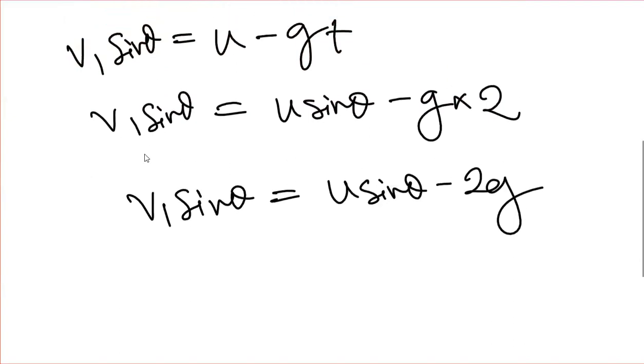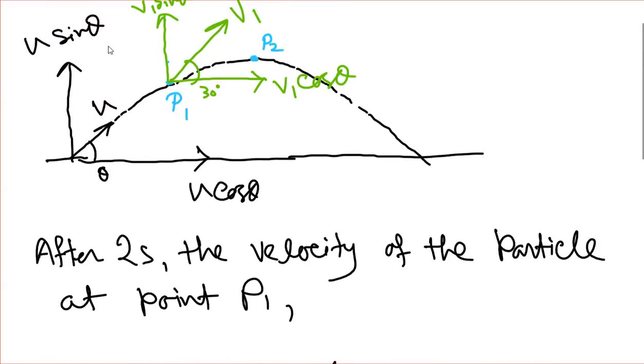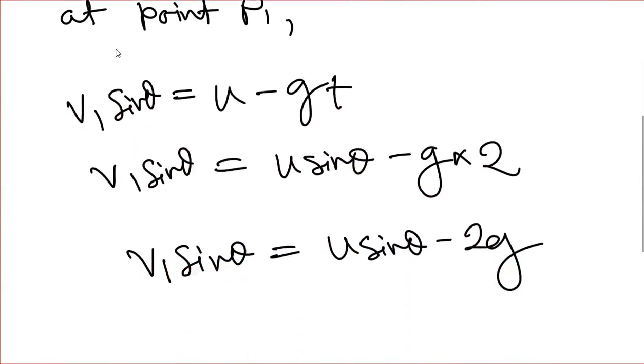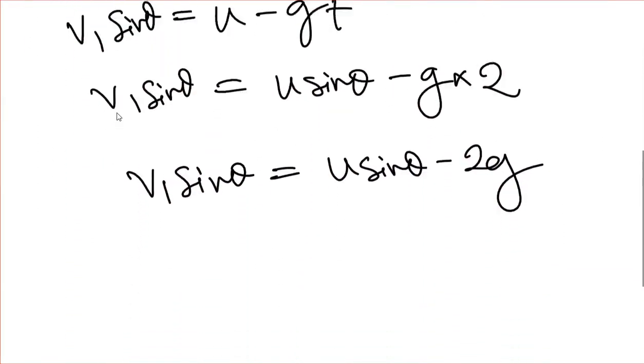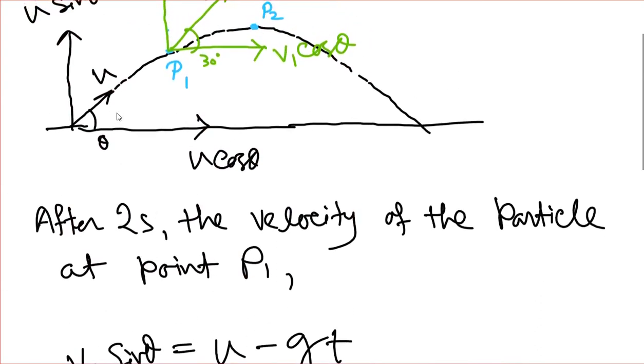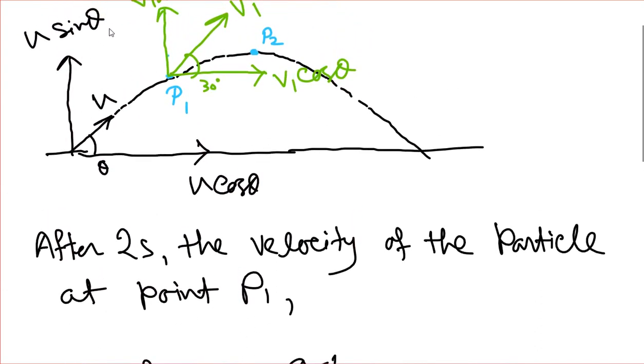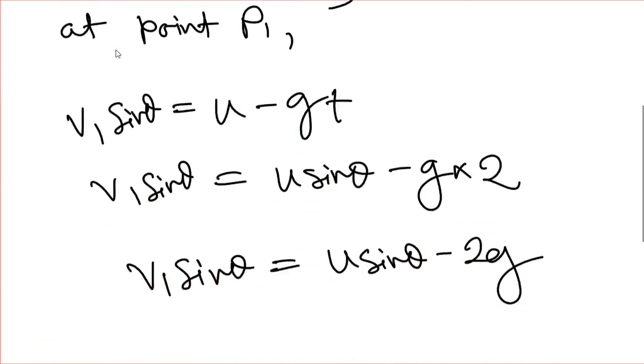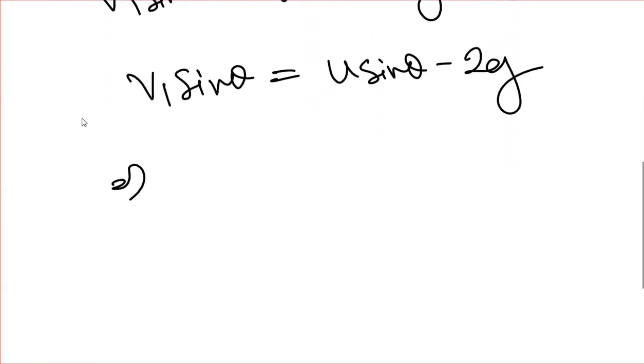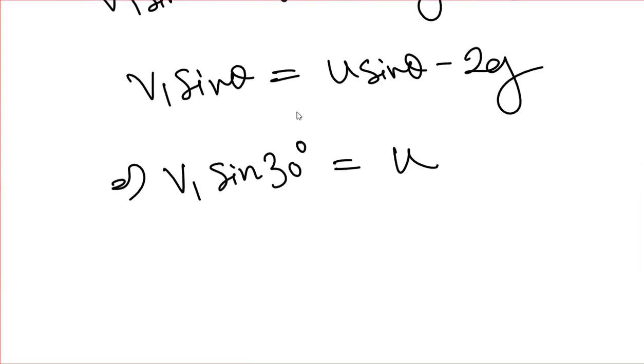So what is the value of theta here? Here v1 sin 30 degree equal to u sin theta minus 2g.